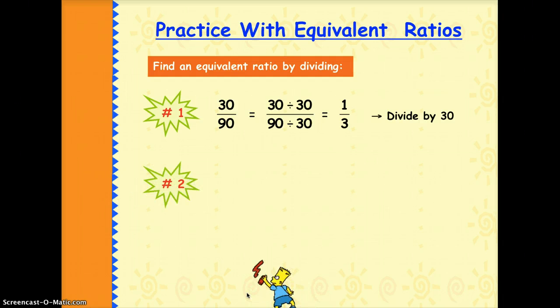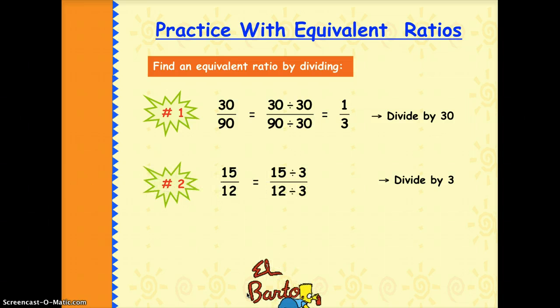Another example, if you have 15 out of 12, this is an improper fraction, but since we are doing ratio, we can divide both the denominator and numerator by 3. So 15 divided by 3 is 5, and 12 divided by 3 is 4. So it's also 5:4.